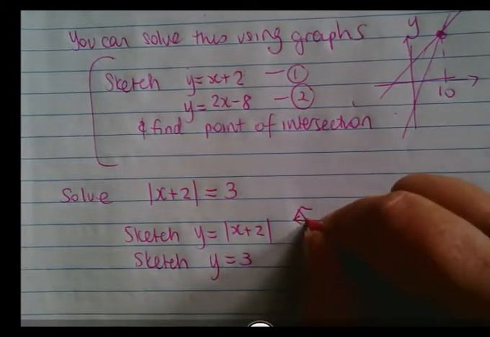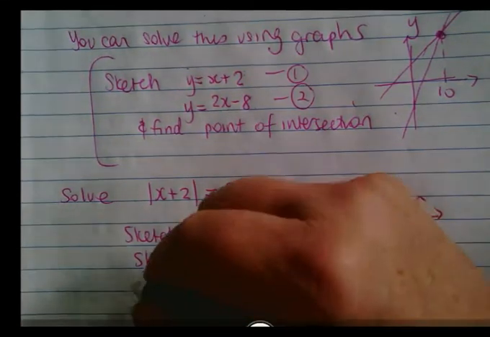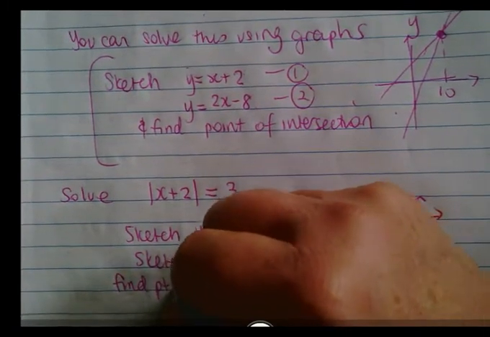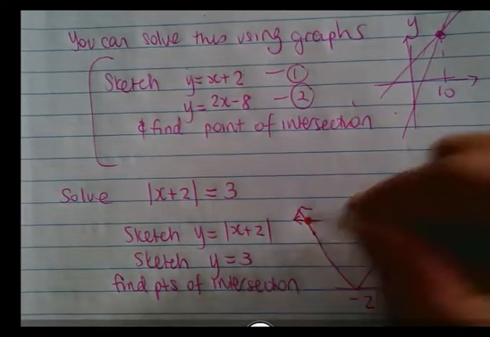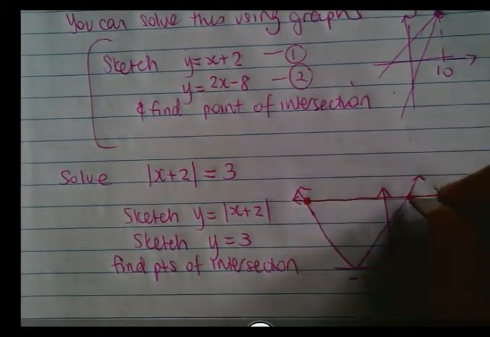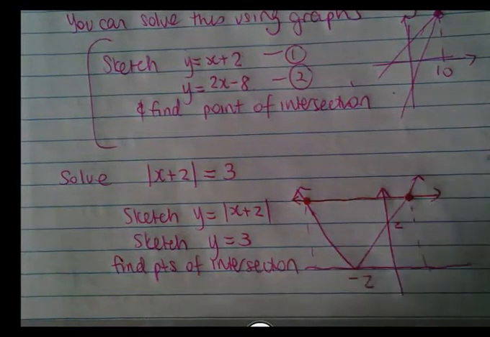Look at my solutions. So I've got two solutions. It's where the two graphs cut. So I sketch that, and find the points of intersection. Now sometimes you have one point of intersection, sometimes two. So the solutions to that are this x value, whatever that is, and this one.